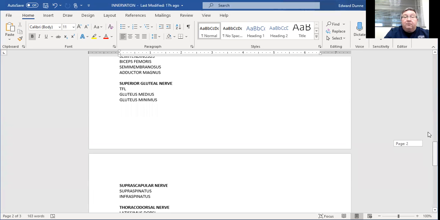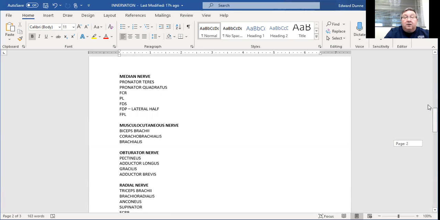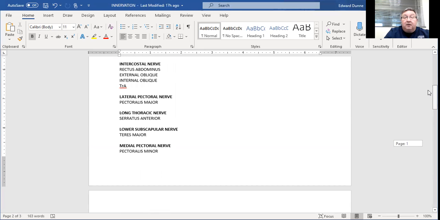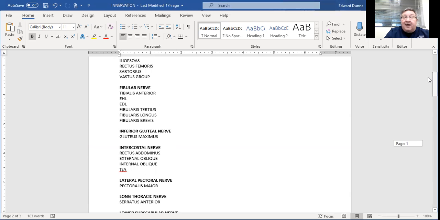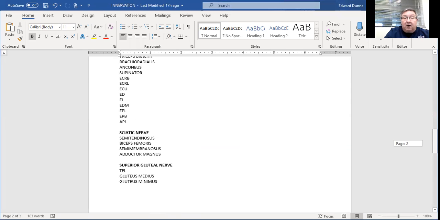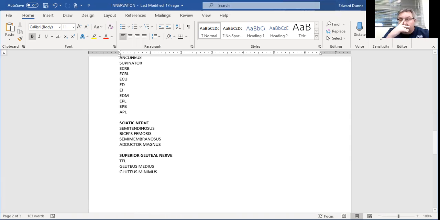Remember, we spoke about the gluteal nerves, gluteus maximus being the inferior gluteal nerve. The other gluteus muscles, gluteus medius and minimus, are the superior gluteal nerve.